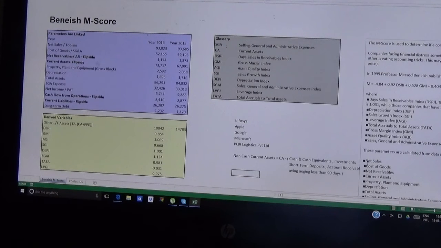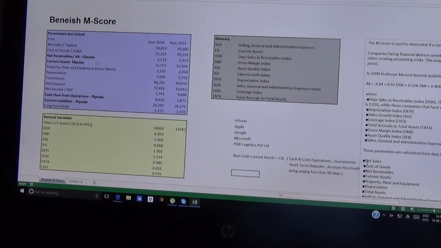If you make your cash flow statements accordingly, the numbers would differ. Why? Because all accounting standards are going to give the cash flow statement from a different perspective.